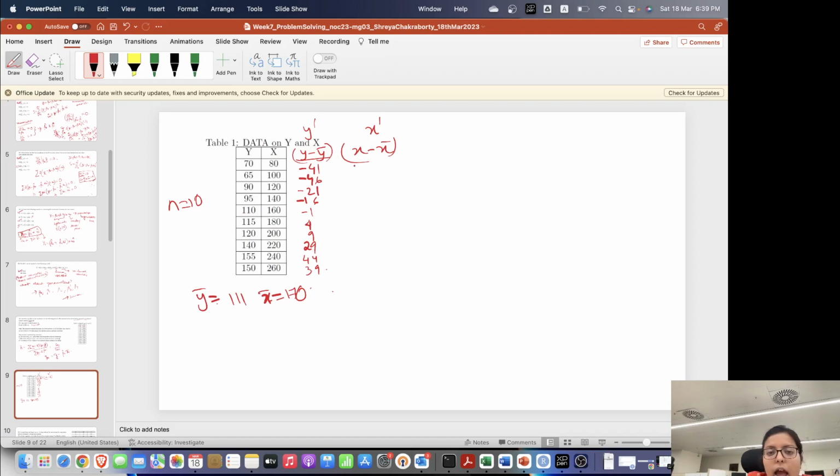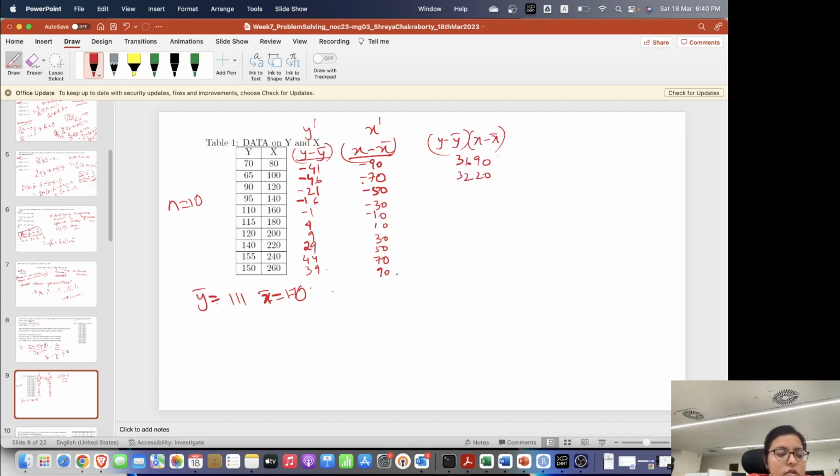Okay, and then we have this one as 80 minus 170, that is minus 90, minus 70, minus 50, minus 30, minus 10, 10, 30, 50, 70, 90. So then y minus y bar into x minus x bar would be 3690, 3220.